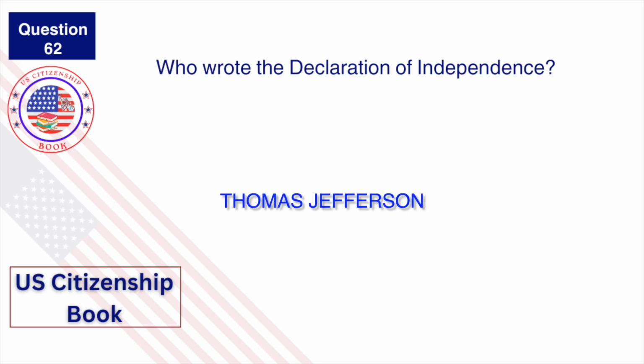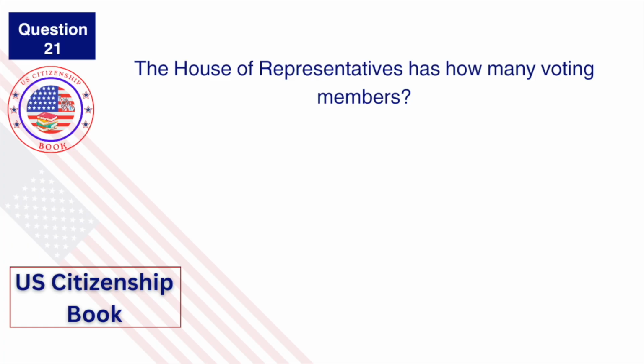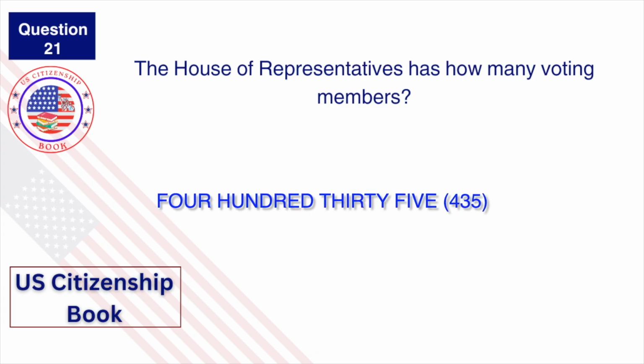Thomas Jefferson. The House of Representatives has how many voting members? 435.